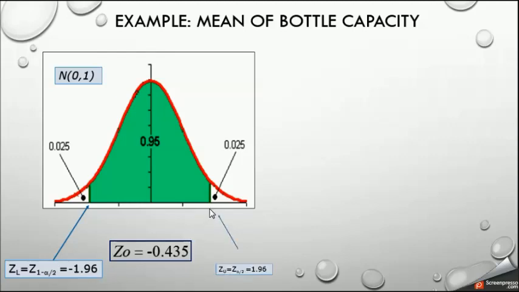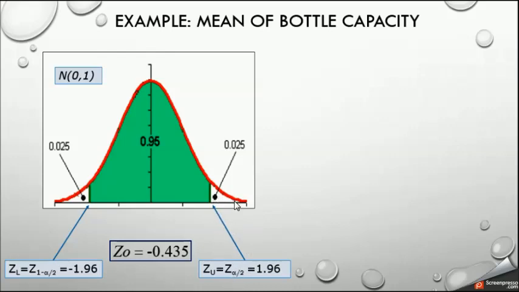Also the same for the right side. From the tables, we will find the upper limit, Z alpha over 2. Alpha over 2 will be 2.5%. In fact this Z alpha over 2 means the value of Z for which the area under the curve to the right of this value is 2.5%.